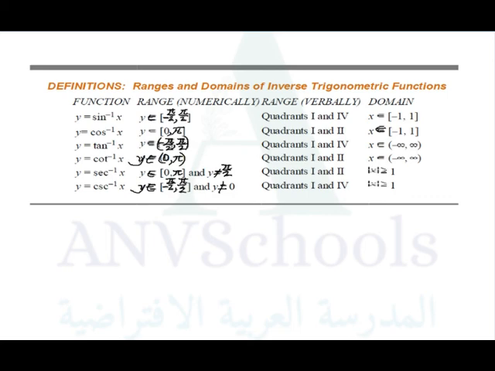So meaning x should be greater than or equal to positive 1, or x is less than or equal to negative 1. The same is true with the inverse cosecant function. Okay? So let's go for examples.